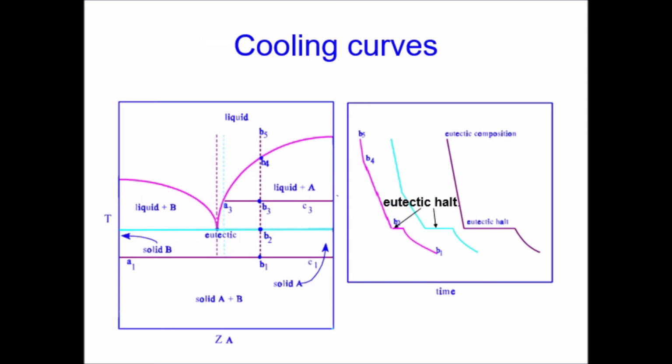In this slide, we introduce the cooling curve. A cooling curve is a plot of how temperature changes with time for a phase transition. The left side is a solid-liquid phase diagram for an AB mixture. Here is A, here is B. Now let's start with point B5.